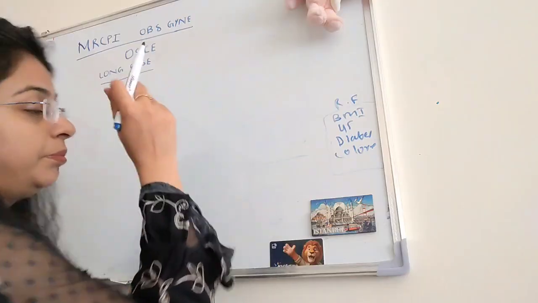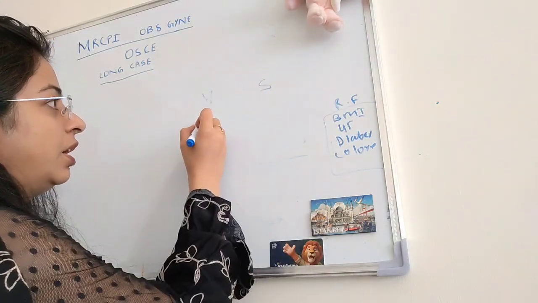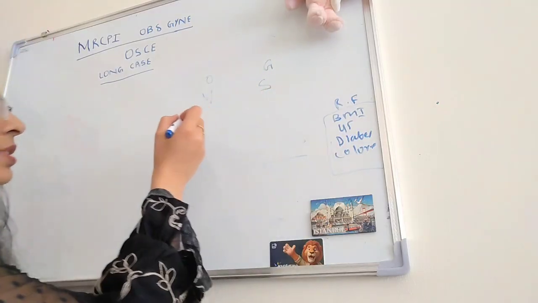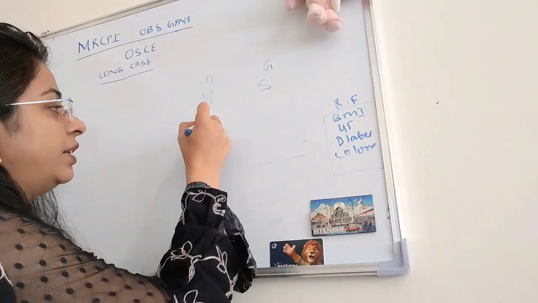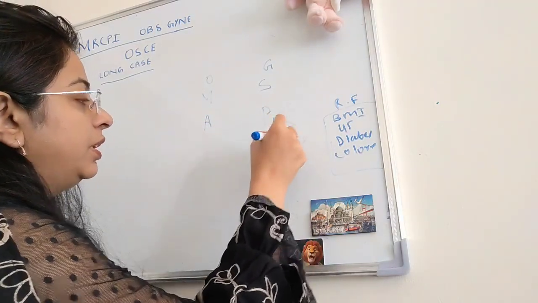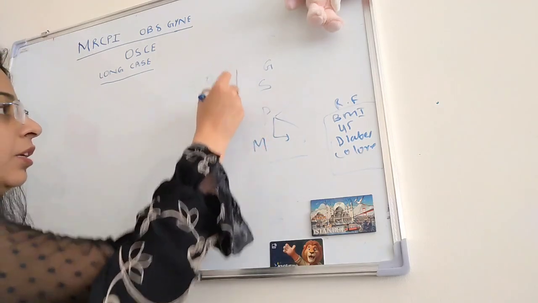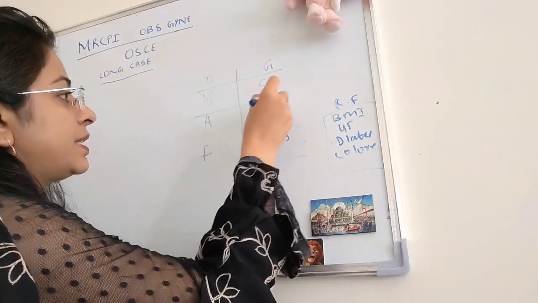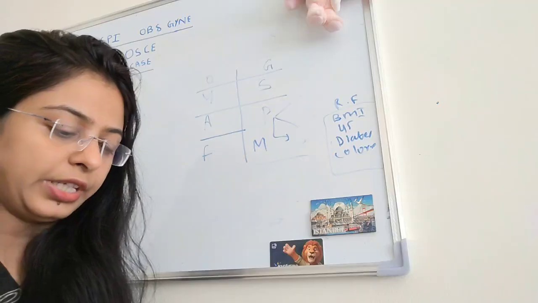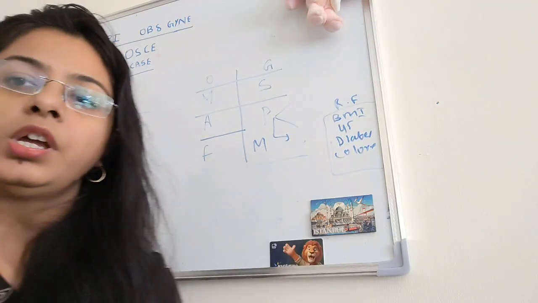So make a block, either in your mind or on the paper: medical, surgical, obs, gyne history first, because we are giving the obs and gyne exam. Then medical, surgical, allergic history, which is very important, and personal history, which includes smoking, alcohol, and BMI, and family history. Whenever you are practicing for the exam, always use the same sequence so you will not forget relevant history that is very important for the long case exam.